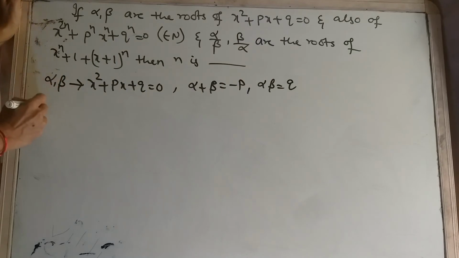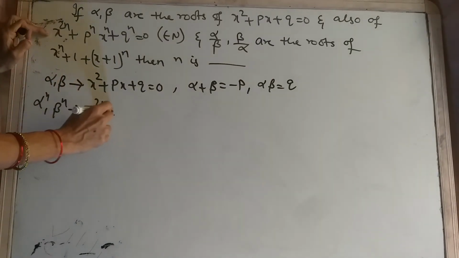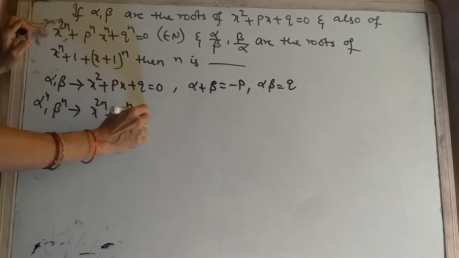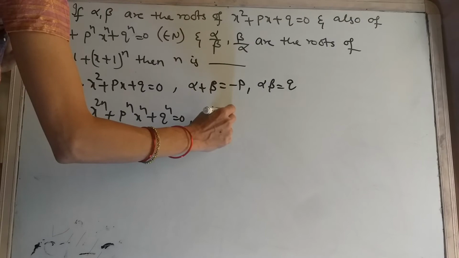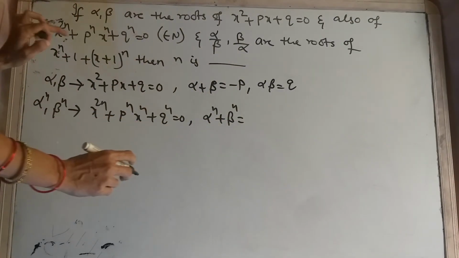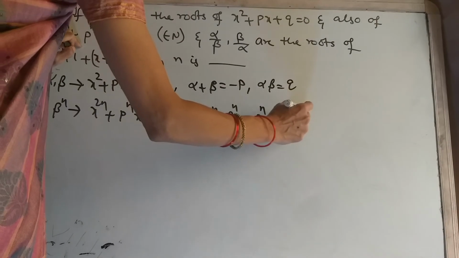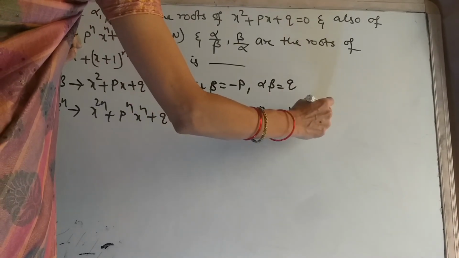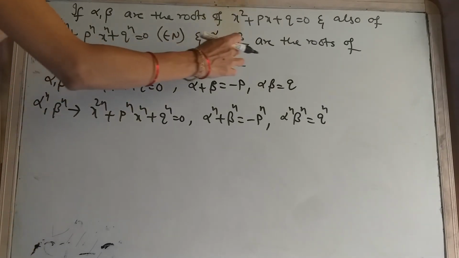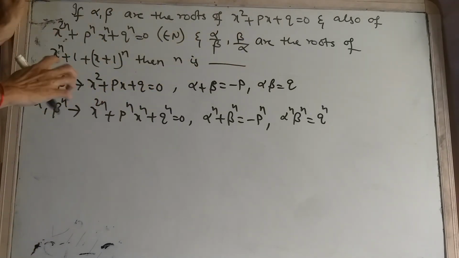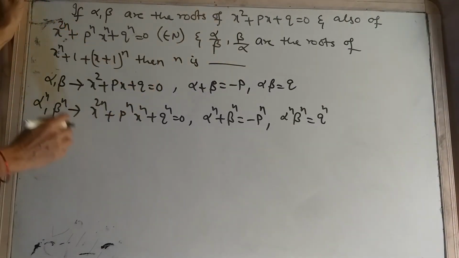Then here alpha power n, beta power n are the roots of x power 2n plus p power n x power n plus q power n equal to 0. Then alpha power n plus beta power n is minus p power n, alpha power n times beta power n is q power n. Then here these two are the roots of this equation, means compulsorily these two satisfy this equation. So that's why instead of x you substitute alpha by beta. Then what you get here?